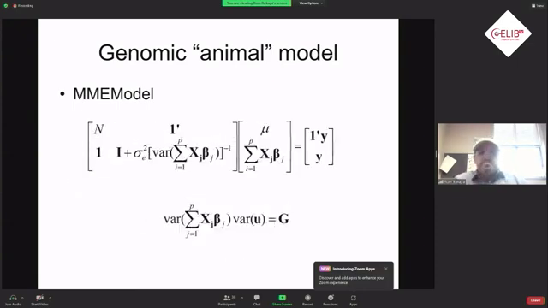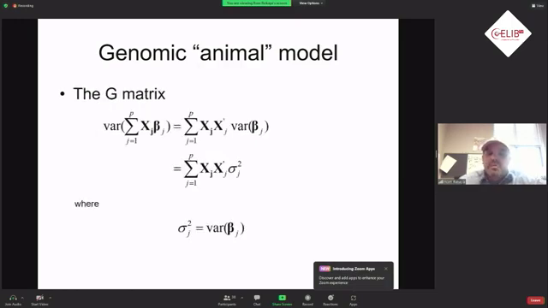And then I can even go further and replace that G minus 1, which is the variance of the U's, and the U's are the sum of the effects of the SNPs, and you can prove this is equal to G. Okay?